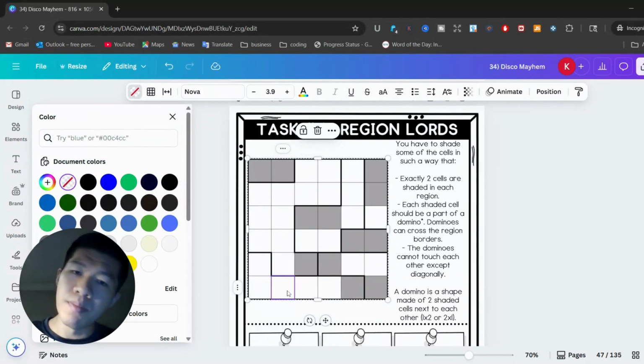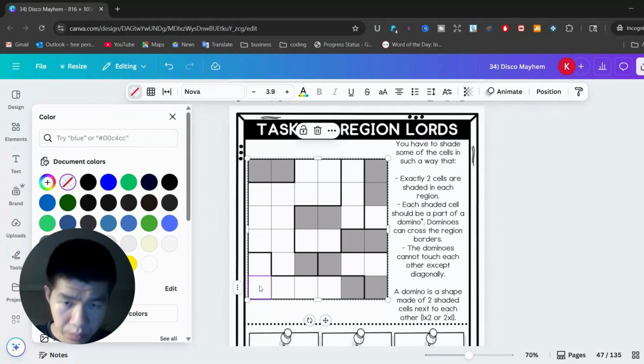I can probably shade in here, but to create that domino, I would have to shade in this cell to create that 2 by 1. But if I shade in this cell right here, it's going to be next to this shaded cell, so that's not going to work. So my options right here now are this one or this one.